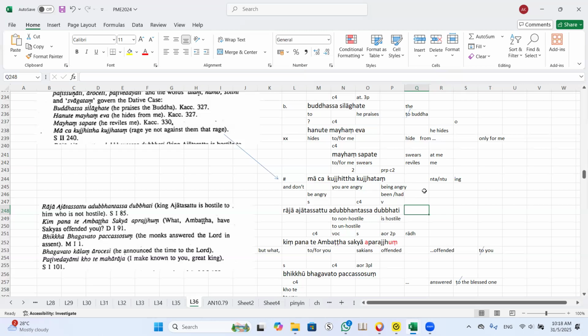But Kujita is a past tense, right? We are not sure whether it's a past tense or not, because it may also be imperative. We also don't know.